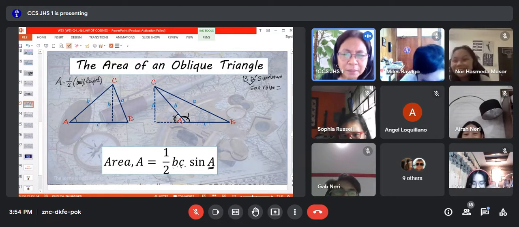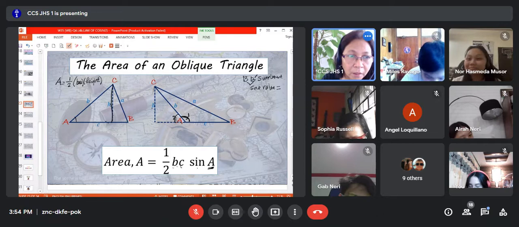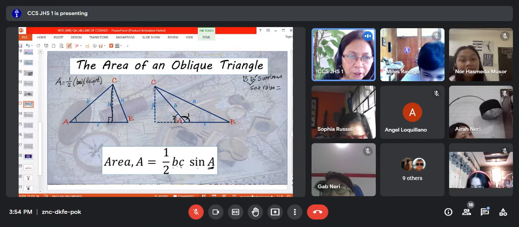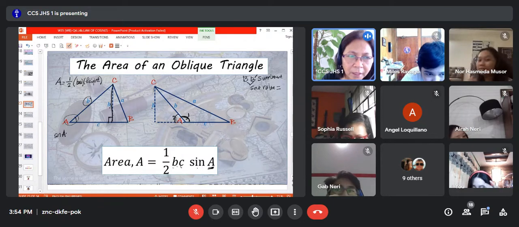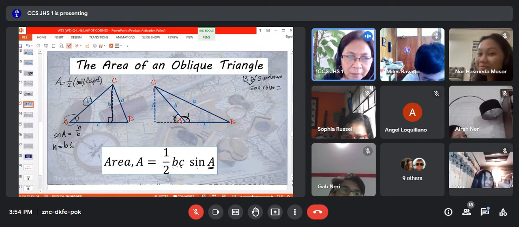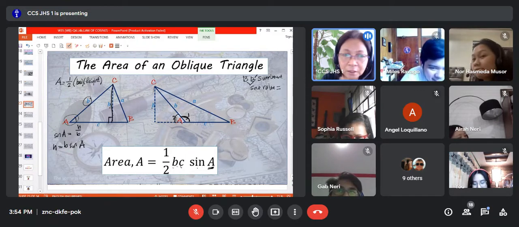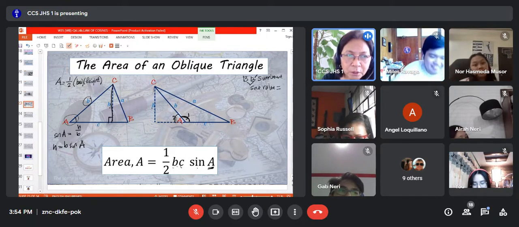Let's see why we have this BC sine A. Our altitude here is h, or the height is h, and it is always perpendicular to the opposite side. Solving for h, if A and B are given, sine of angle A is equal to h over B. Therefore, our altitude is B sine A, diba? Remember our ambiguous case.